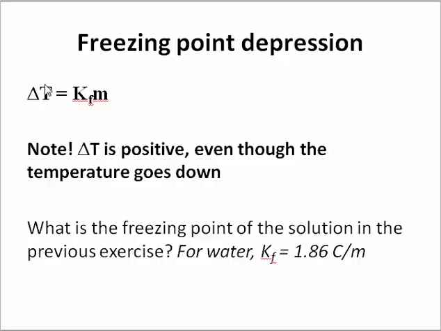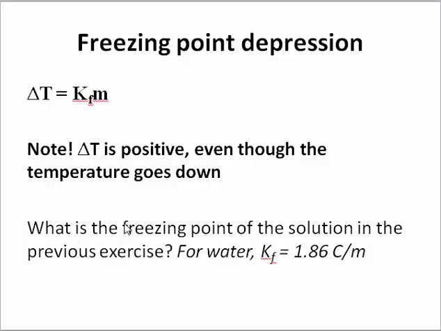The change in the freezing point on the left is equal to the molality of the solution multiplied by a constant on the right-hand side. However, in this formula, change in temperature is invariably positive, even though the freezing temperature goes down. It is freezing point depression. Freezing point depression keeps the water in the radiator of your car from freezing when glycerol is added.